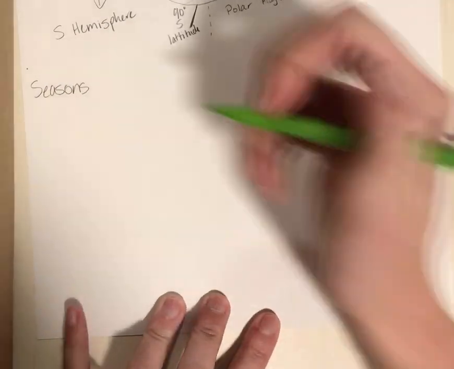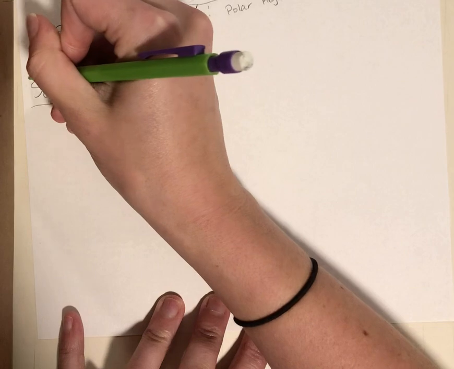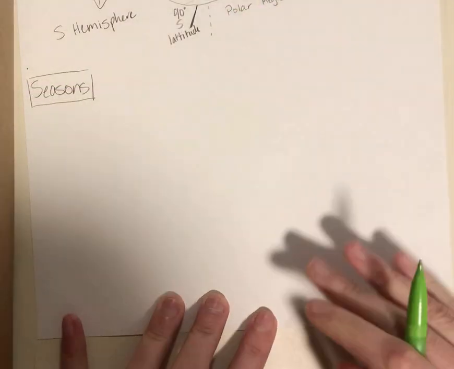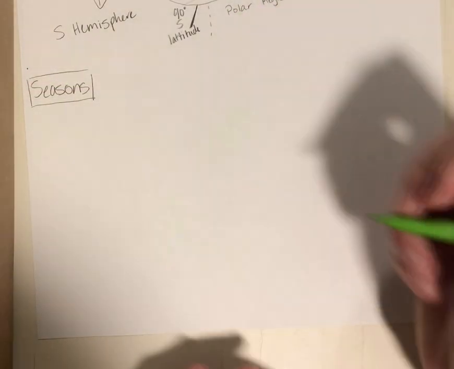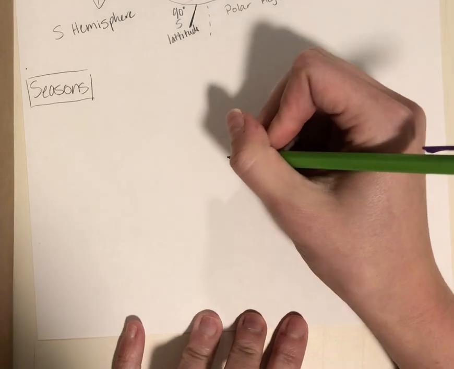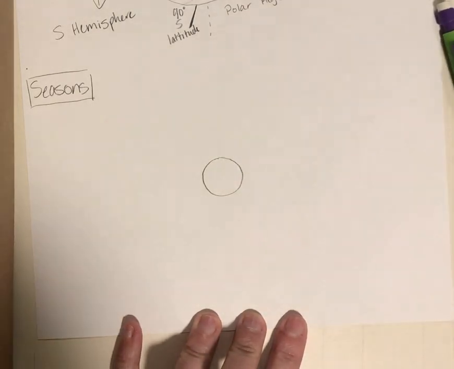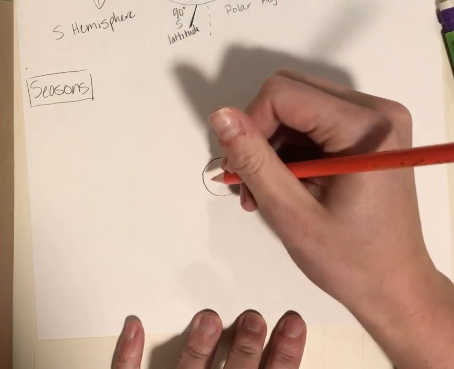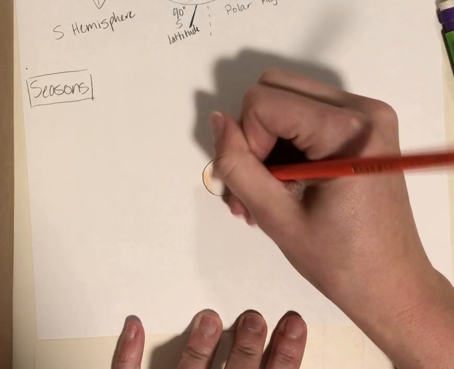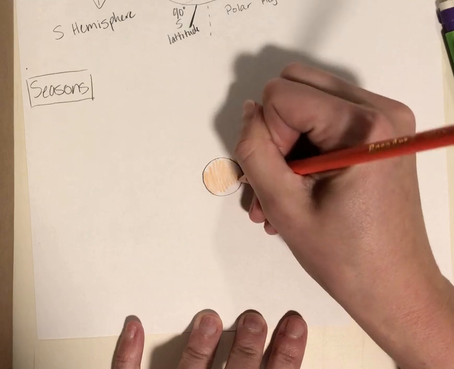Make sure you can still see. Okay. So our planet obviously revolves around the sun. So on this one, I'm going to start using some colors so that you can see exactly what I'm talking about.